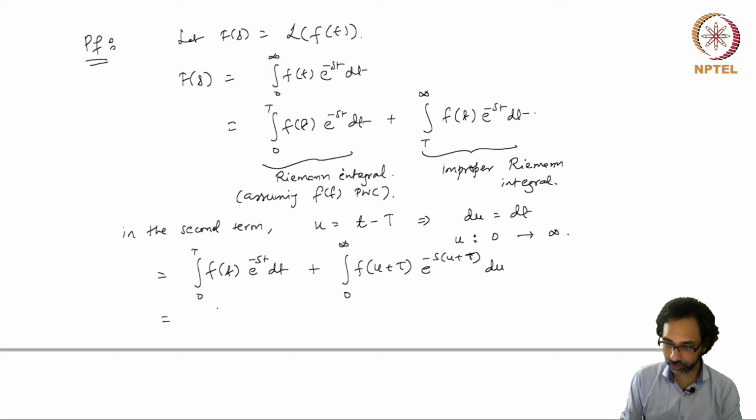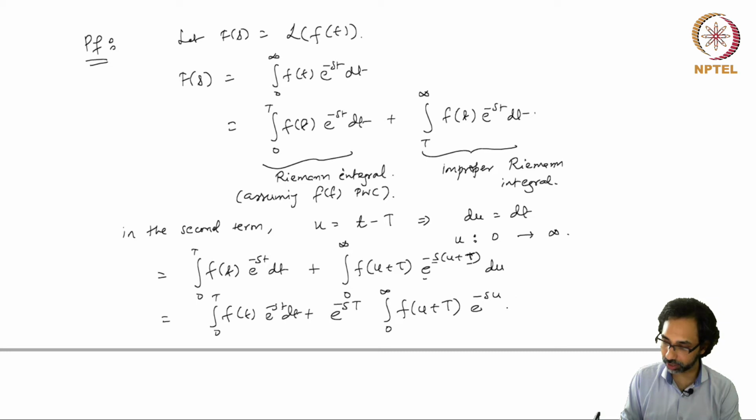We can take the term e^(-sT) outside the integral sign, and you are left with f(u + T) e^(-su) du, but we know that f is periodic, so this is equal to f(u).